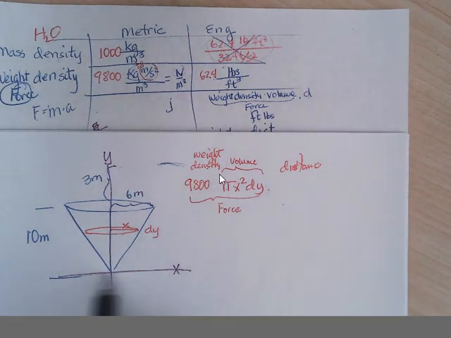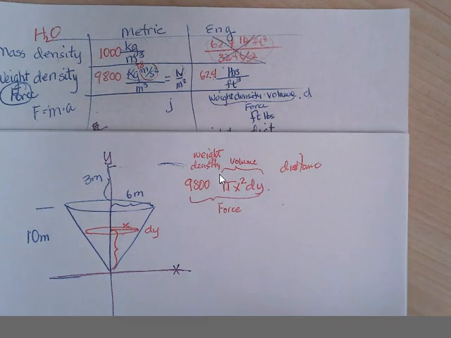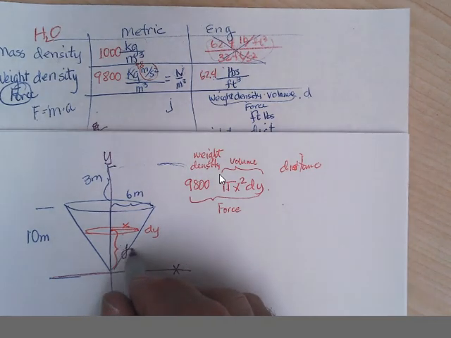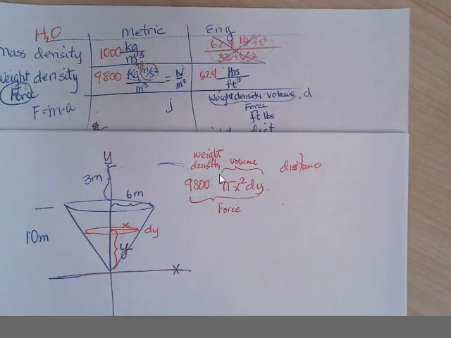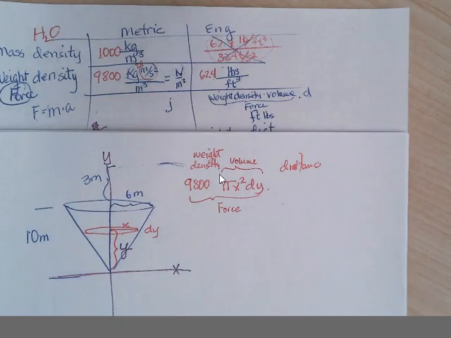And the distance I'm going to lift that is going to be from here to there. But if I make my coordinate system here, this is y. If that's y, that's not how far I'm lifting it.